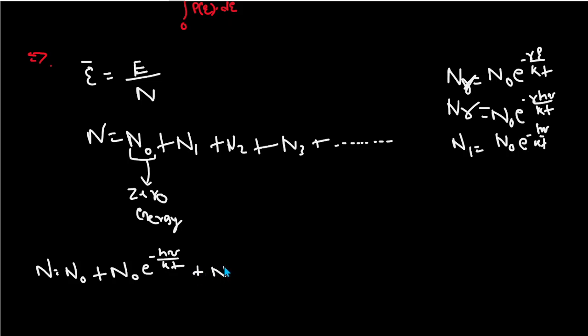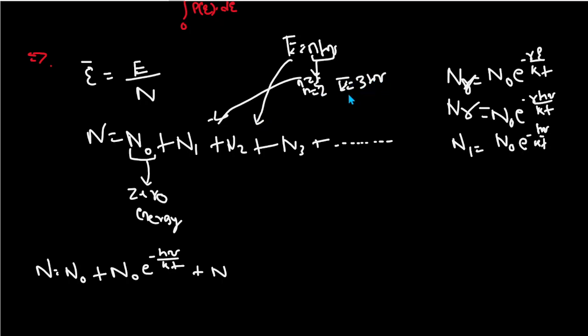N2 means the number of particles having energy 2h mu, because if you remember the formula, E is equal to n h mu. If I put the value of integer n as 1, the particles having this energy are n1. If I put n as 2, the particles having this energy are n2. Particles having energy 3h mu are n3. So this is exactly the meaning of this formula.